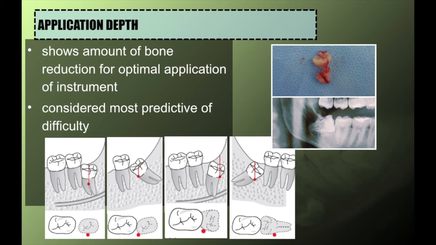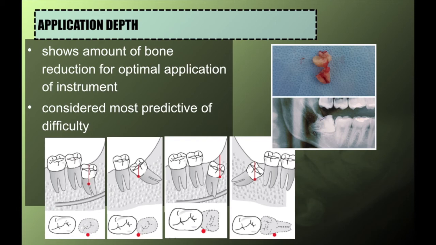Starting with the application depth. This is considered by most as a predictive factor to the level of complicatedness in terms of a surgical removal of an impacted tooth. It is also the most common basis that clinicians look at.